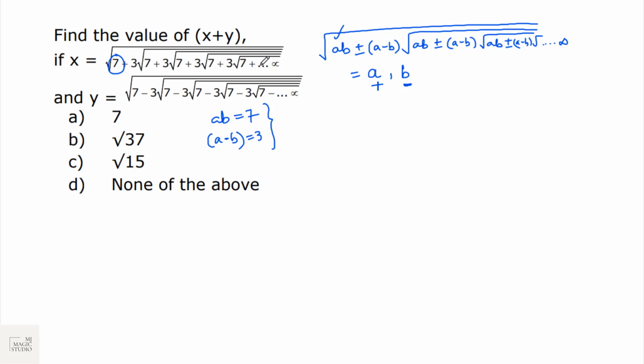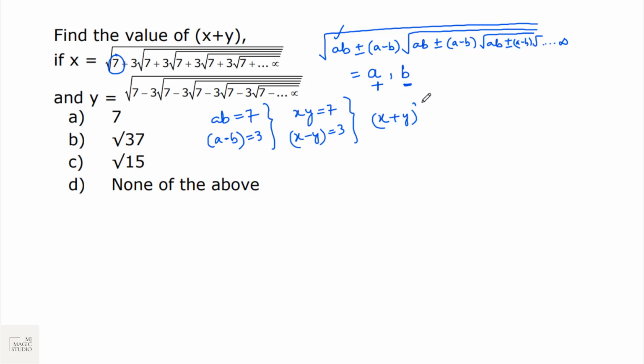Then if all plus signs are there, its value should be a, that is x, and if all minus signs are there, its value should be b, that is y. That means x into y is 7 and x minus y is equal to 3. Without even solving it algebraically, we know this.